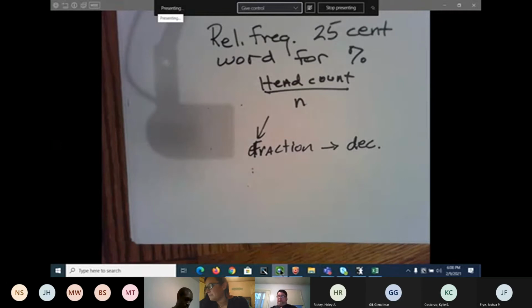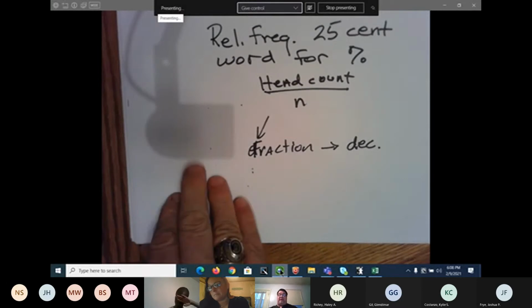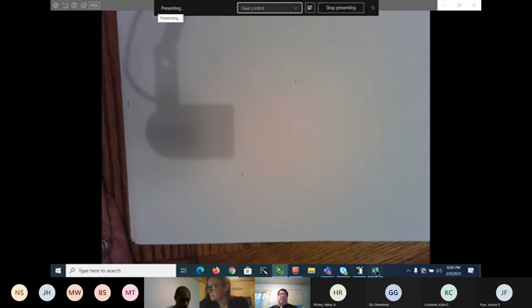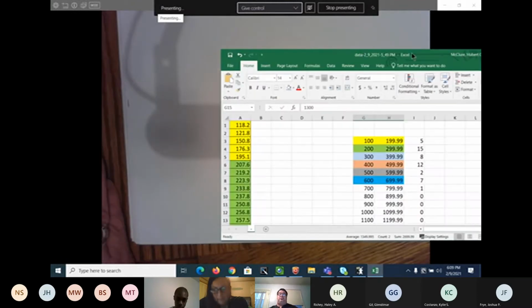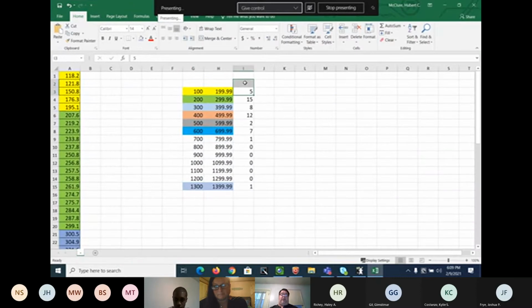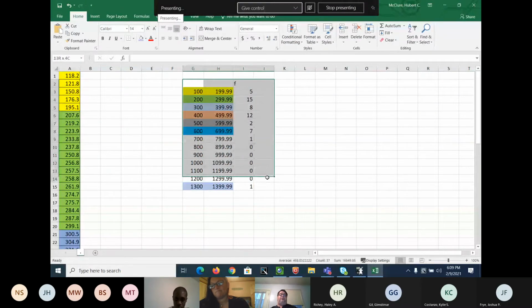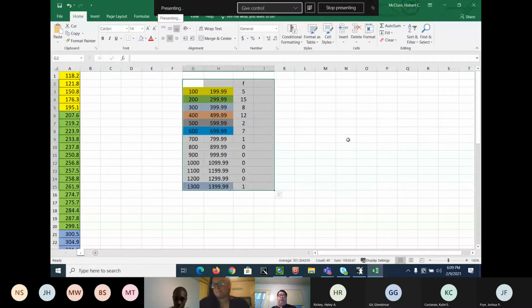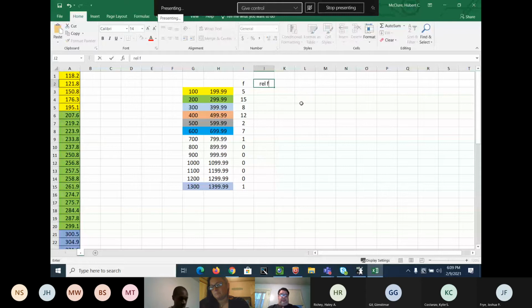So here we go. I'm just going to add this to my spreadsheet so I can get it all on one sheet, and you check with your numbers and see what you get. I'm going to call that F, center it, and this is called relative frequency.